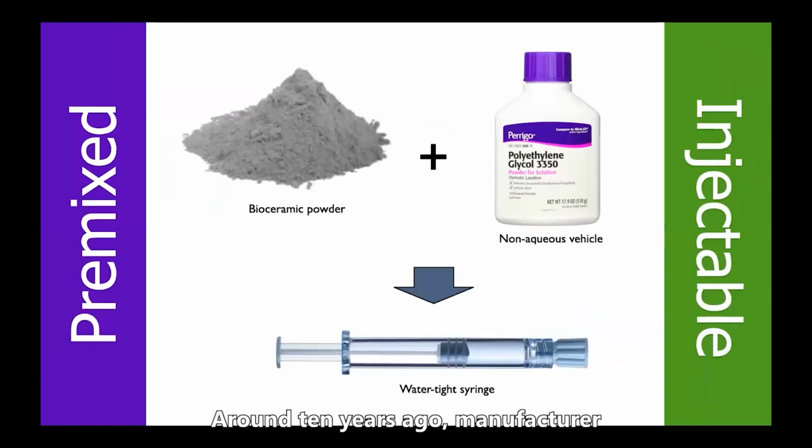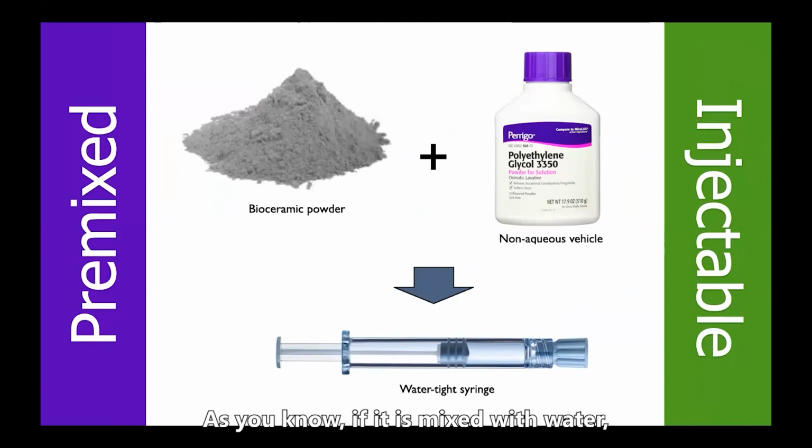Around 10 years ago, manufacturers mixed the powder with non-aqueous vehicles such as polyethylene glycol and propylene glycol and placed it in a watertight syringe to prevent unexpected hydraulic setting.